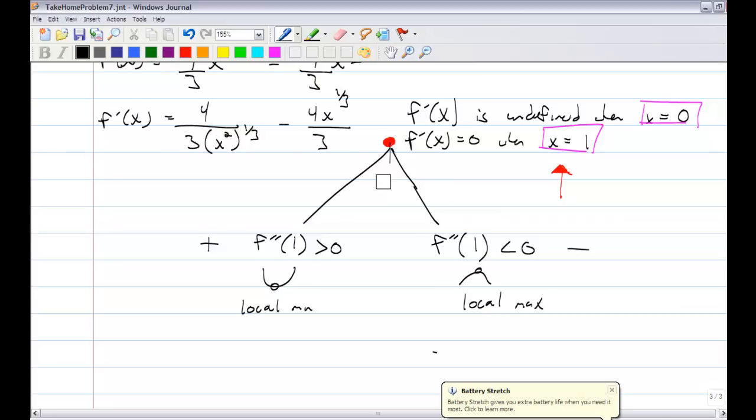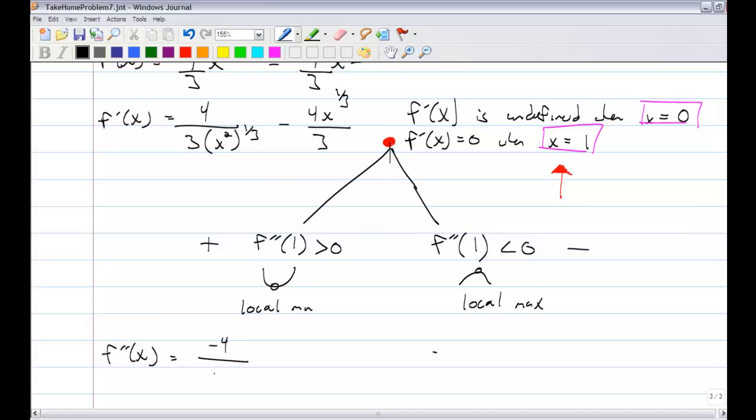I'm going to copy that second derivative, which is f double prime of x equals negative 4 over 9x to the 2/3 minus 8 over 9x to the 5/3. I'm going to copy that into the table, plug 1 in, and see if I get a positive number or a negative number.